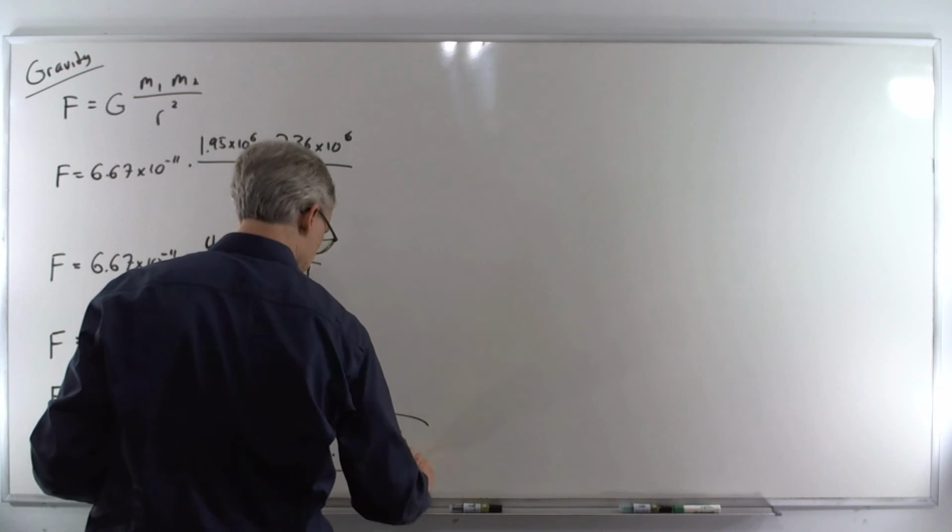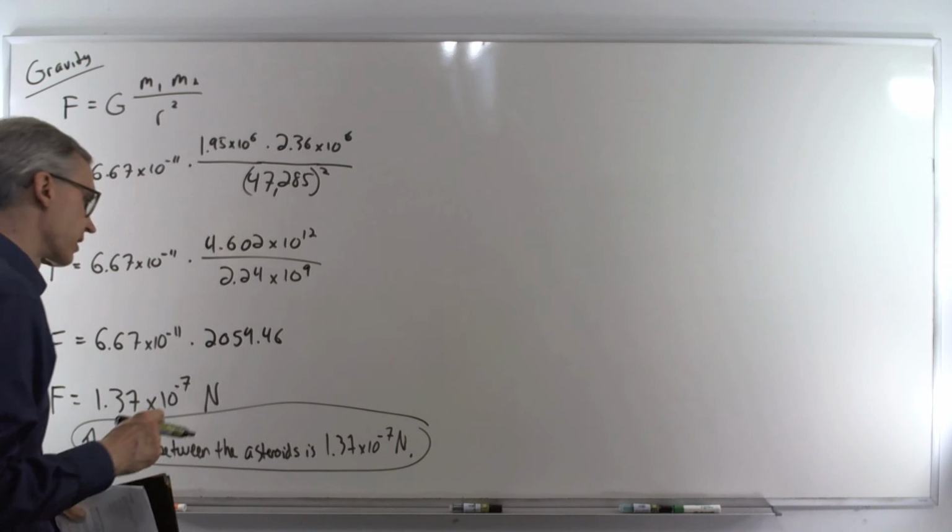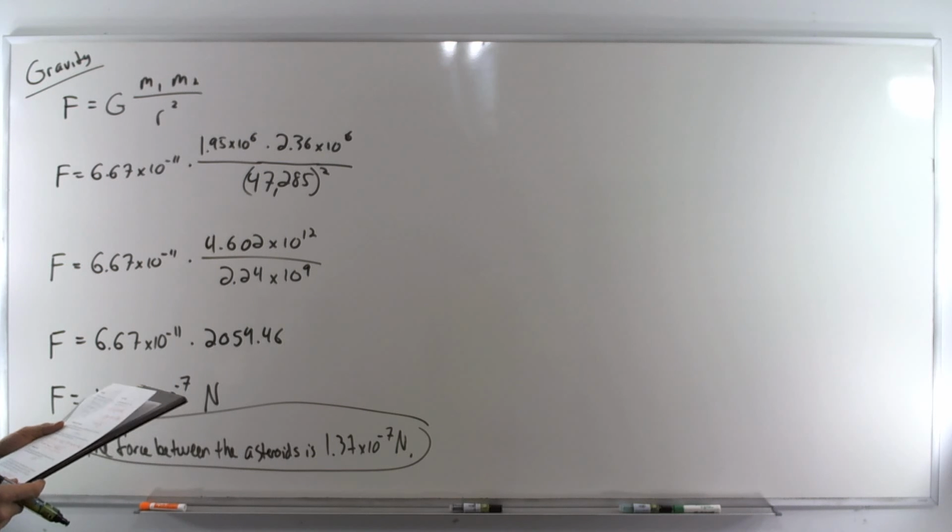So the force between the asteroids is 1.37 times 10 to the negative 7th newtons.